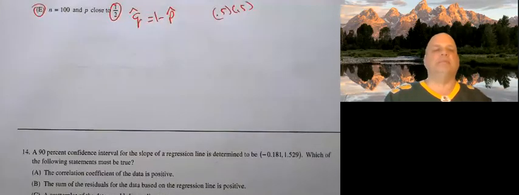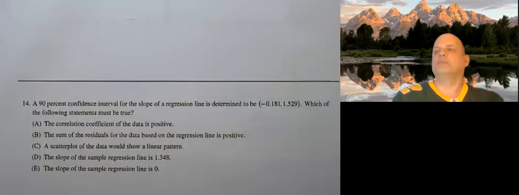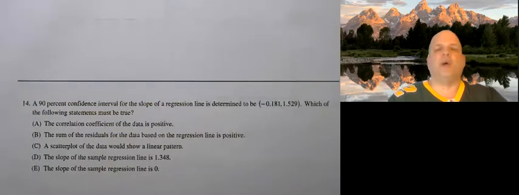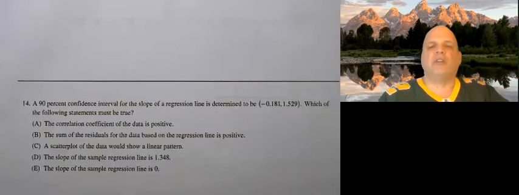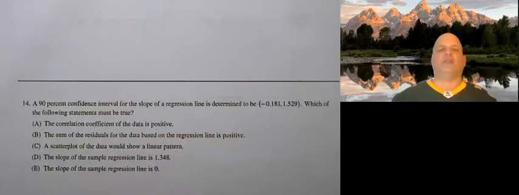Number 14. A 90% confidence interval for the slope of the regression line is determined to be this. Which of the following statements is true? Now, I'd like you to pay very careful attention to this because this is actually a pretty tricky question.